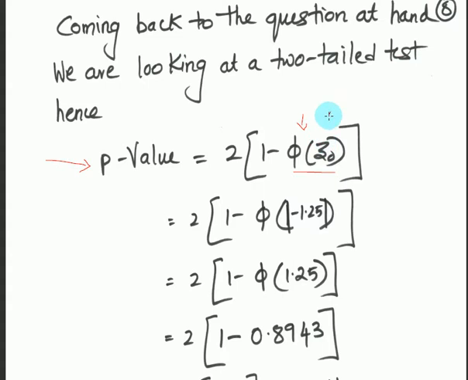We know that z naught that we computed before is negative 1.25, but it's within an absolute value, because we're looking at a two-tailed test. So 2 times 1 minus phi of the absolute value of negative 1.25, or in other words, phi of 1.25, the z value of 1.25, and the probability is 0.8943.